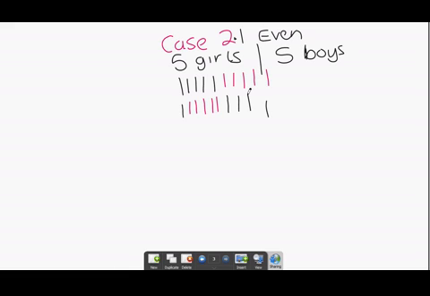So now if we wanted to know how many different ways we can arrange 5 girls and 5 boys without any condition, they just stand in whichever way they want, it means that, and I'm going to use this case so that everybody understands, we have got how many people? We have got 10 people.